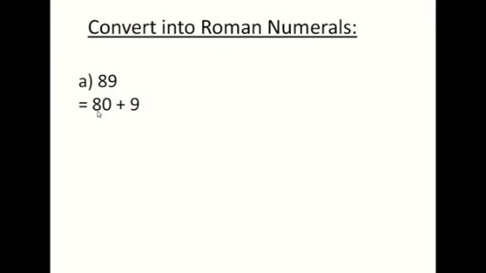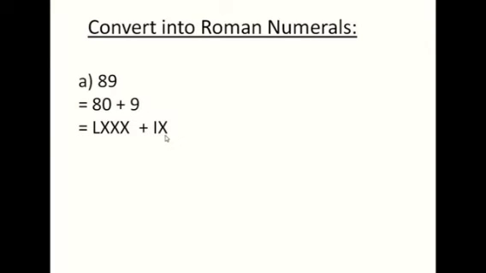So 50 means L, then each 10 will give you one X, X and X. 9 I hope you all know. So L for 50, X for 10, X for 10, X for 10. So 50 plus 10 plus 10 plus 10 gives you 80. Plus is as it is. 9, we all know, IX.